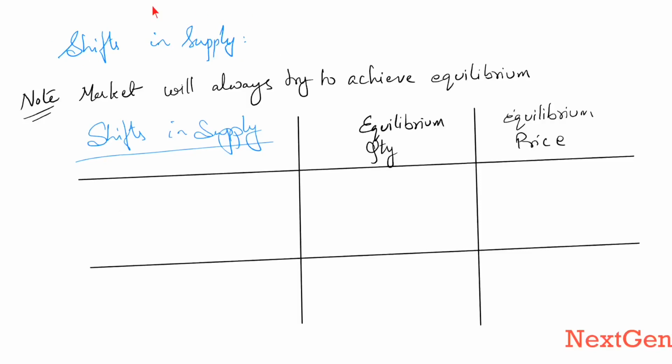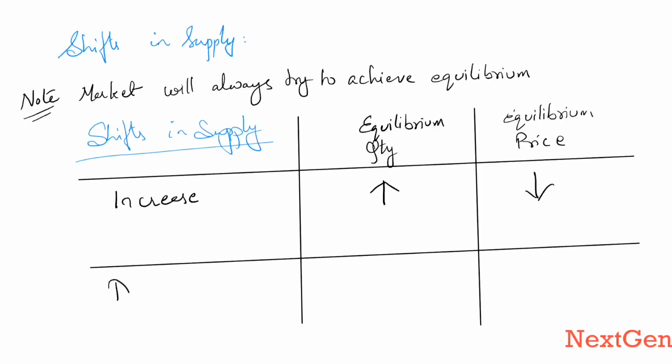Now, let's understand what happens when there is a shift in supply. Remember, market will always try to achieve equilibrium. If there is an increase in supply, then the equilibrium quantity will increase and the equilibrium price will decrease.